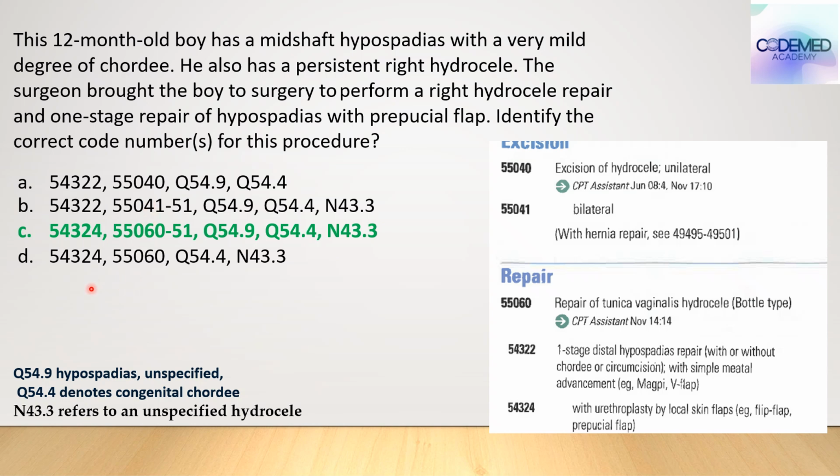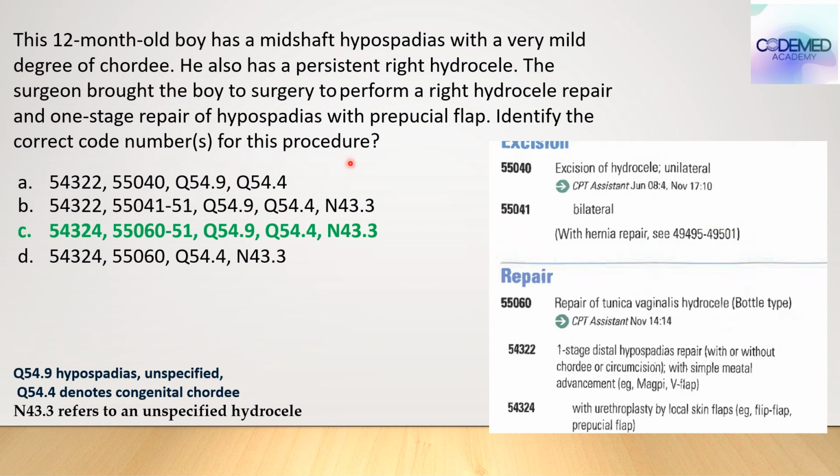Now check this 54324. How is the hydrocele? It is only on the right side. So we need to check: this is the excision of the hydrocele unilateral and this is the bilateral, and this is a repair of the tunica vaginalis hydrocele. Now in this case, did they do the excision or did they do the repair?